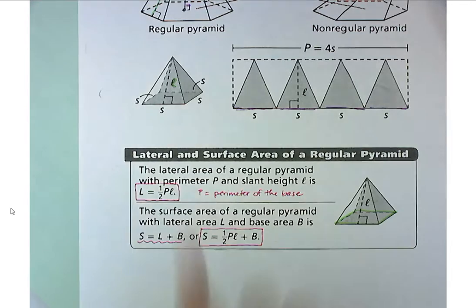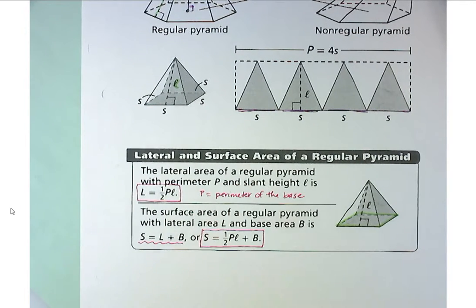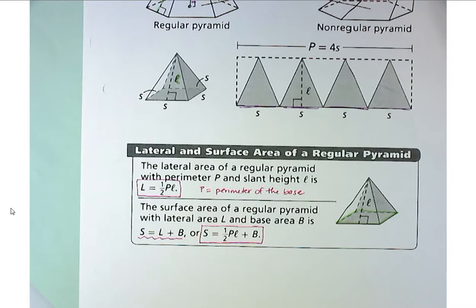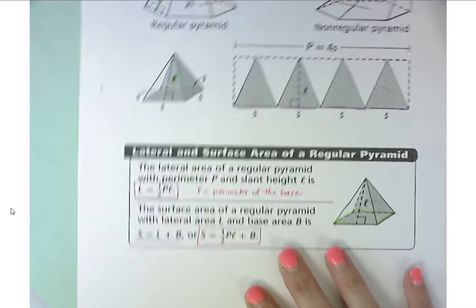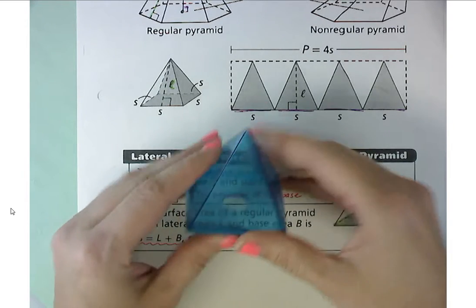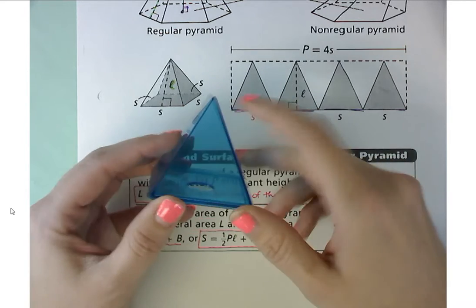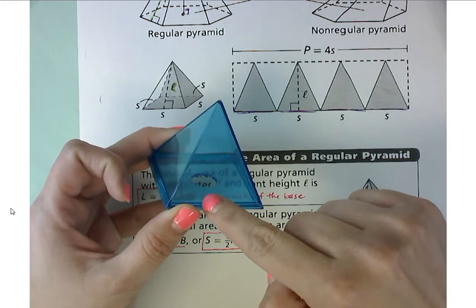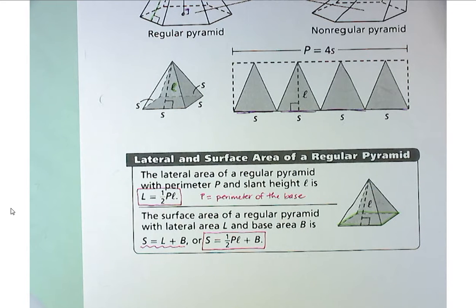So to find the lateral area of a regular pyramid, you need to know the perimeter and you need to know the slant height. So like I said, that slant height is going to be the height on your 3D shape that goes from the top to the bottom of the face. That's different from the height.